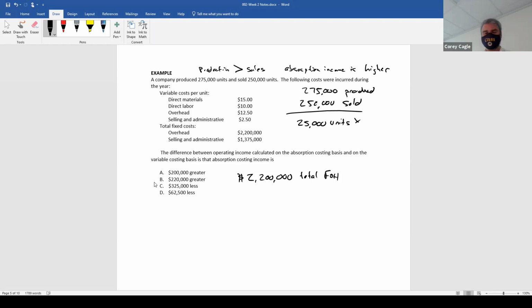May seem obvious as we're saying it, but you get on the test and you're going to have that question. You're like, oh man, what am I dividing by to figure out the unit cost of overhead? Well, you incur overhead as you produce, right? So we're going to divide that by the 275,000 units we produced. Overhead is not a selling expense, it's a manufacturing expense.